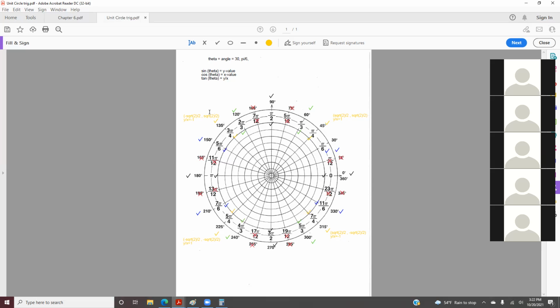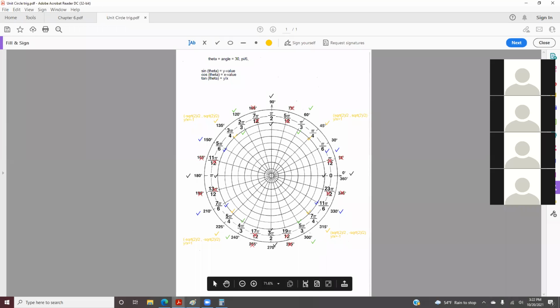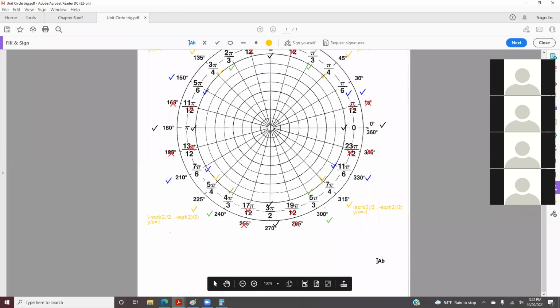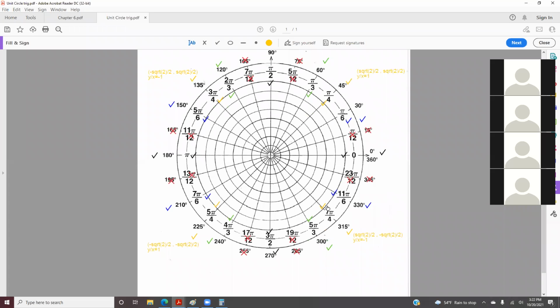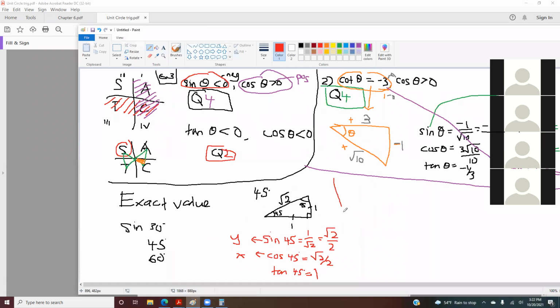You guys with me here? What is the tangent of 7 pi over 4? Tangent of this angle. Then you look at the y over x. What's tangent in this case? Negative 1. So tangent 7 pi over 4 is negative 1. So this is how we figure out the 45 degrees. Okay. Yep, this is tough.